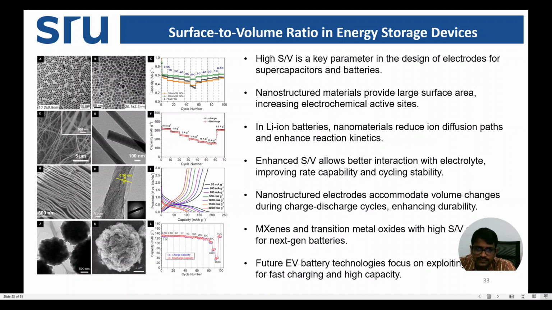See this, energy storage devices. For supercapacitors and batteries, it is very essential. We need a higher surface to volume ratio. We need high surface area, so that we can store more electrochemical energy.